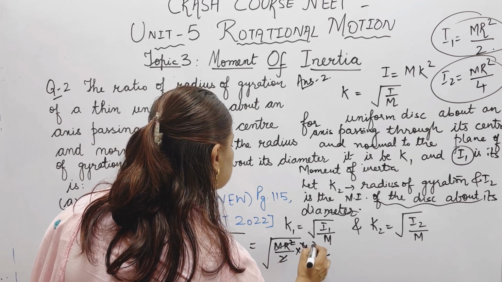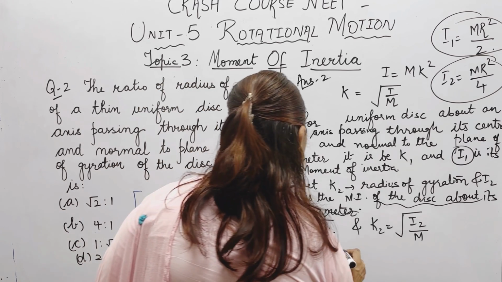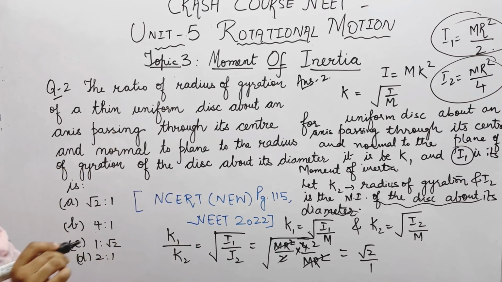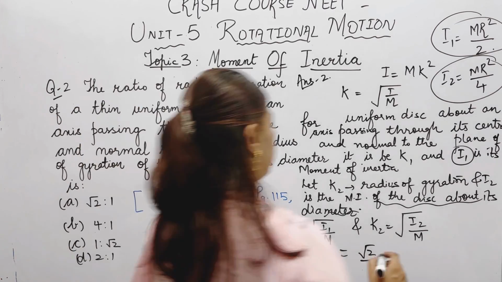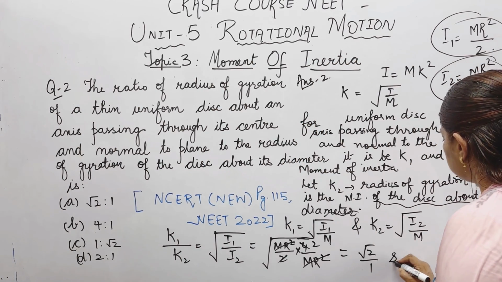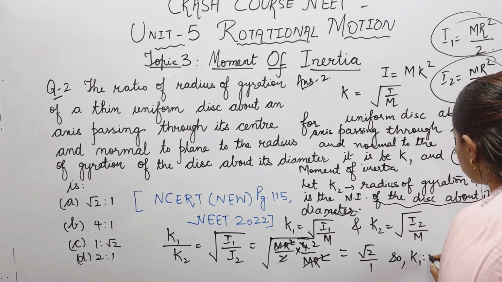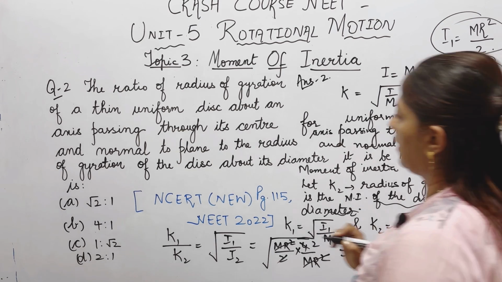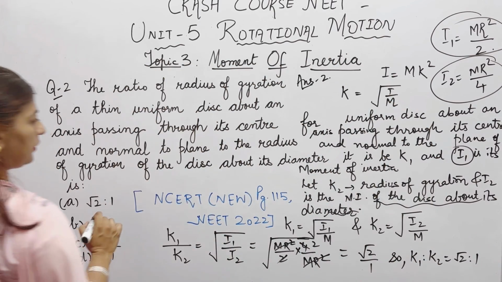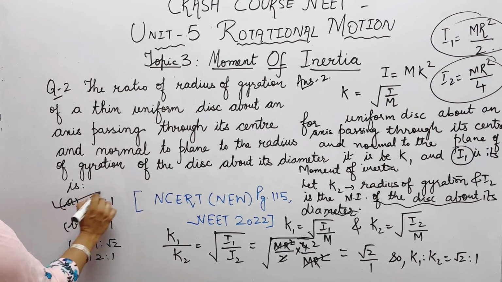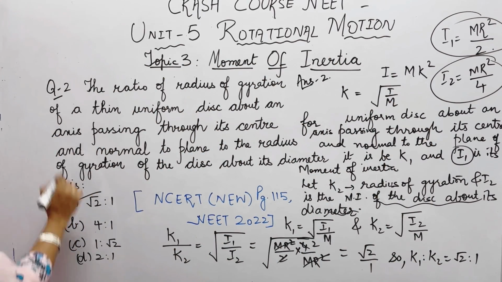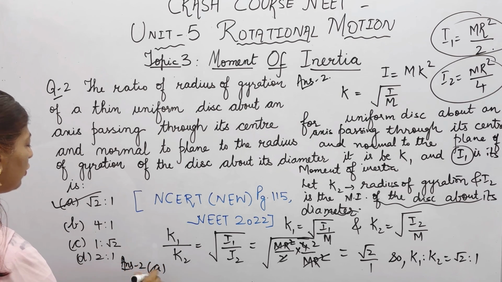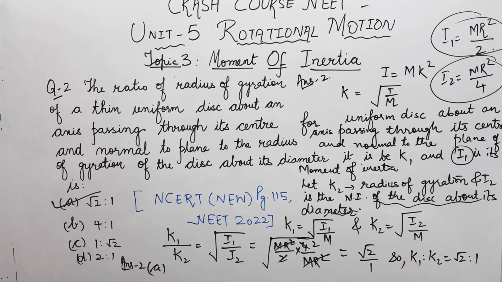This cancels and we have root 2 is to 1. So K1 is to K2 is equal to root 2 is to 1. If we look at the options, the result goes with option A, and the answer for the second is option A, root 2 is to 1.